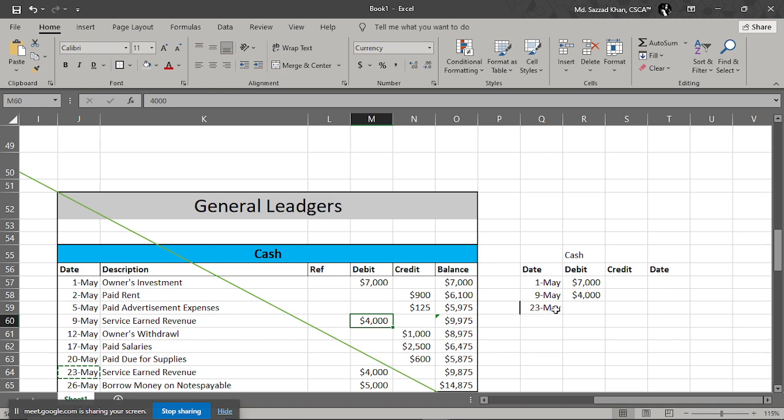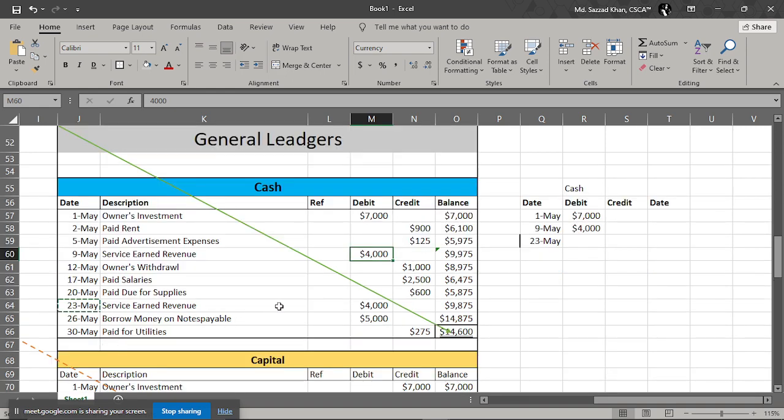Right? 23rd May. What happened on 23rd May? Again 4,000 debited, right? Yes. What happened on the 6th of May? We have all our debit entries for cash, right? Yes.